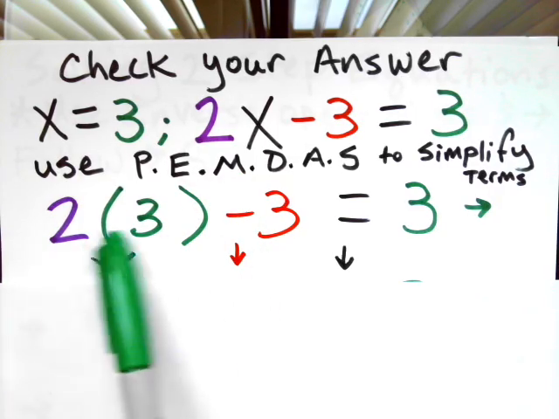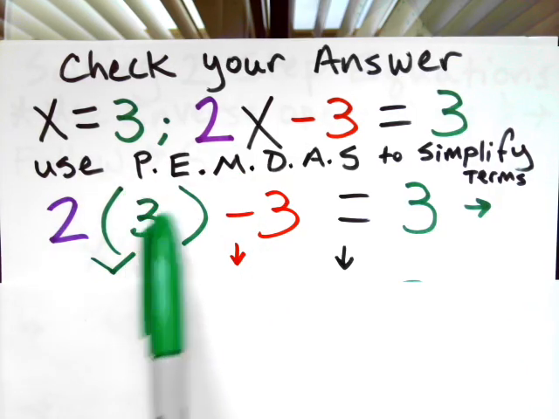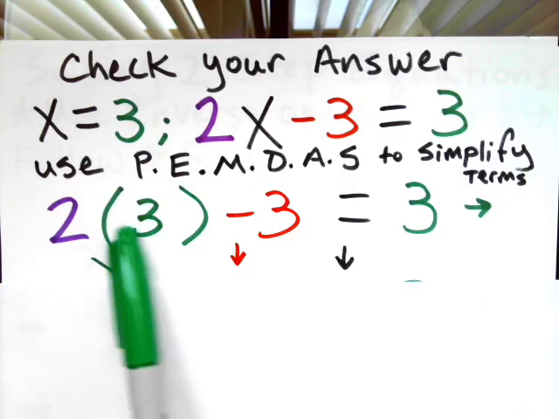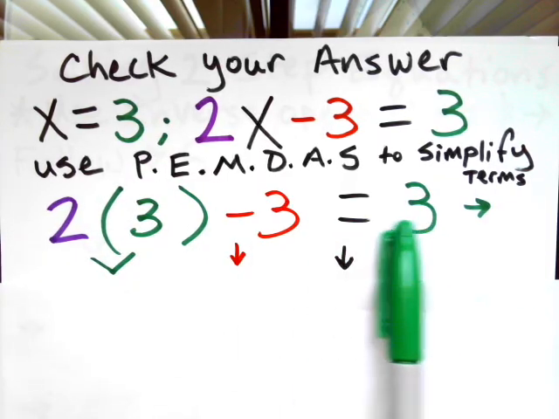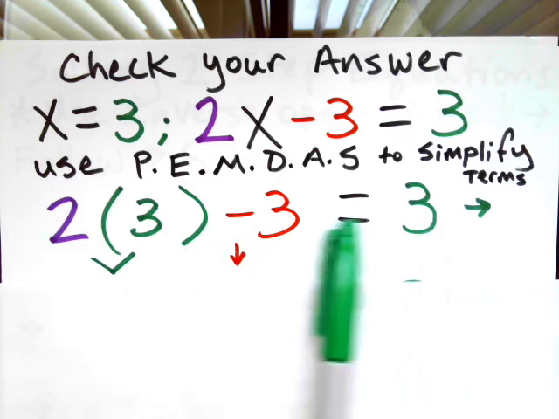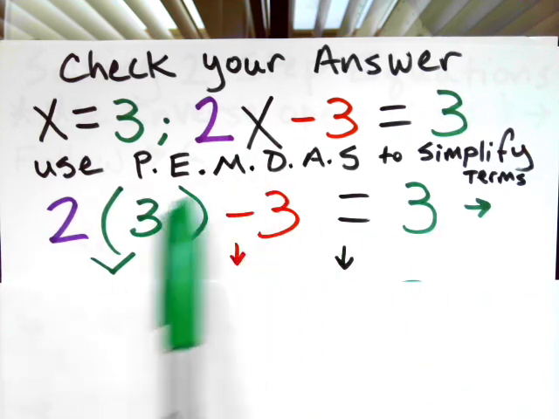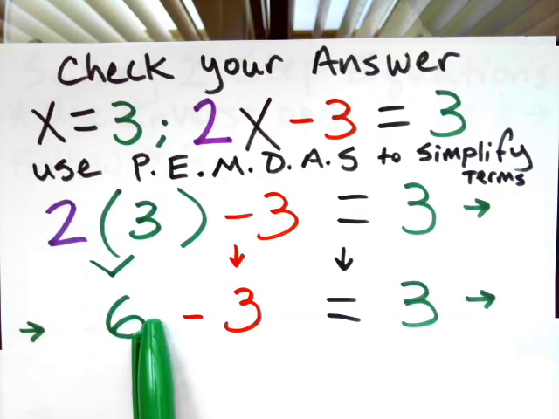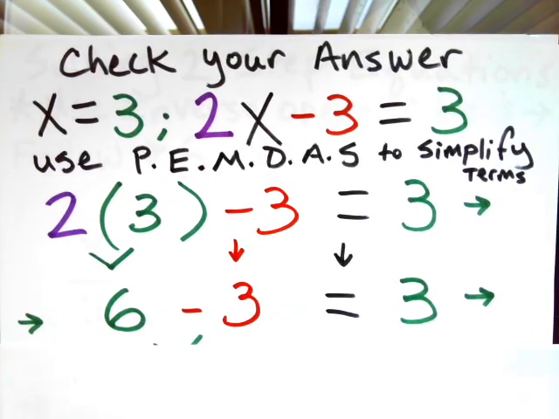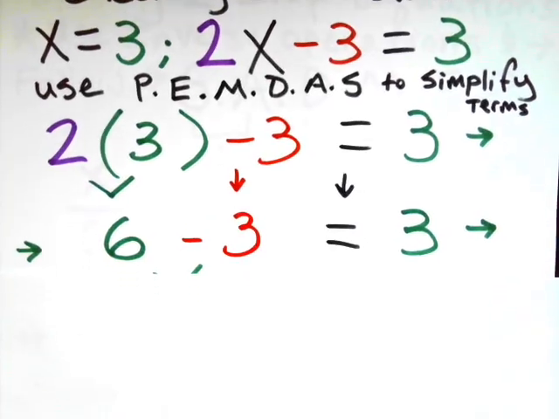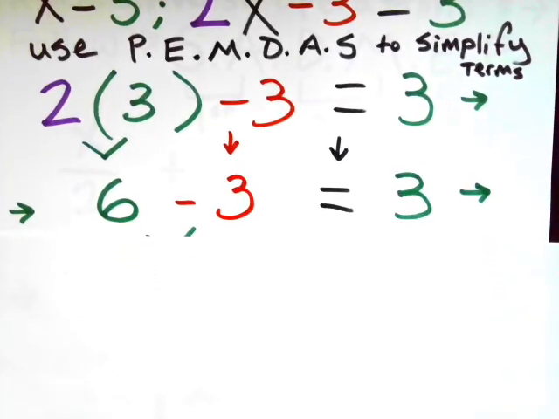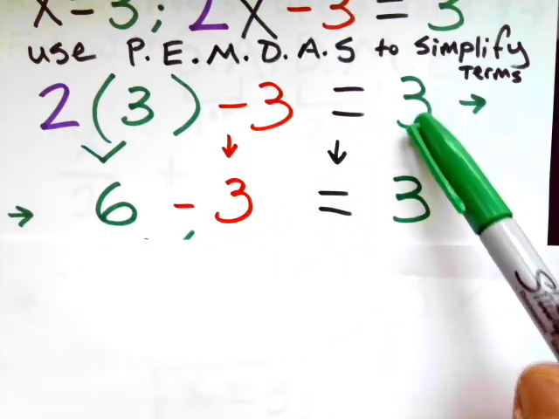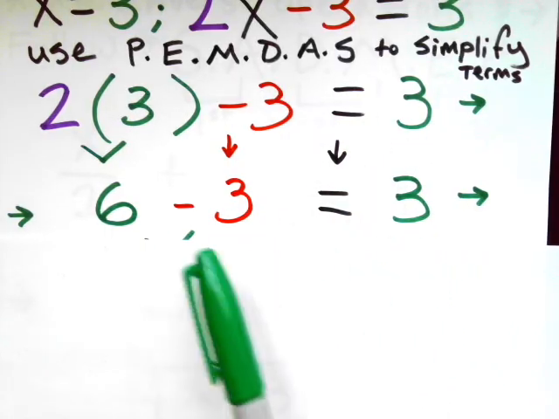I can multiply, right? There is a parenthesis here, but there's nothing inside the parenthesis I can do. I don't see any exponents. Can I multiply or divide? I can multiply. So 2 times 3 is 6. And then everything else, I just rewrite. So I bring down the -3, the equal, and then the 3.